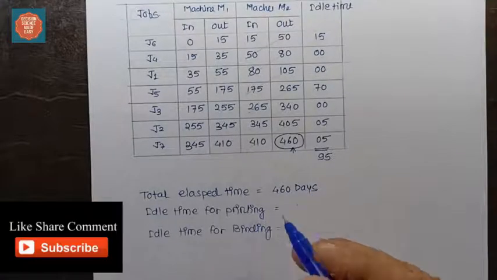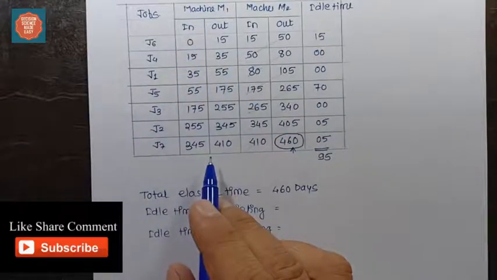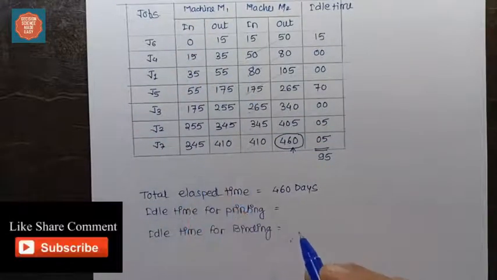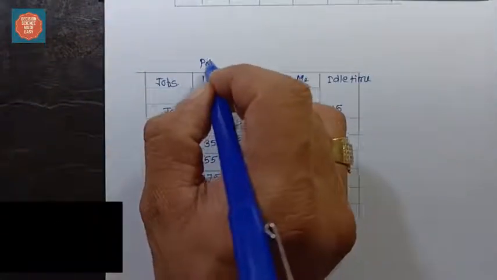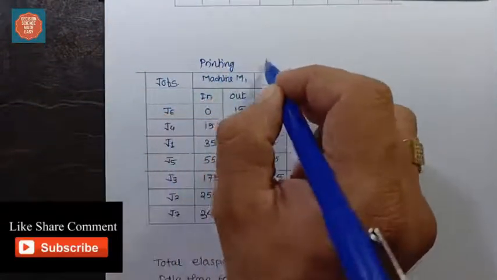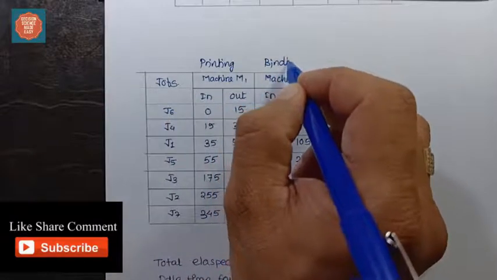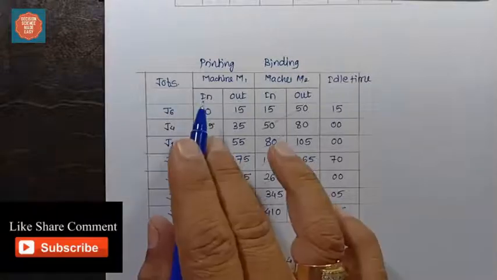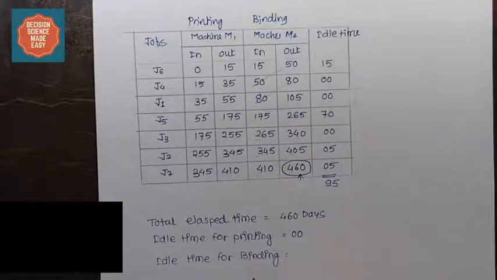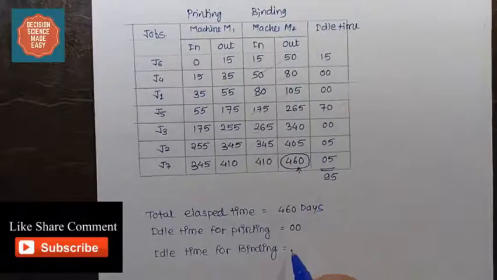Idle time for printing, that printing machine is M1. Just for your understanding, I'll write down this is printing and this is binding. So idle time for printing is 0, because all the time machine M1 is active first, and idle time for binding is nothing but 95 days.